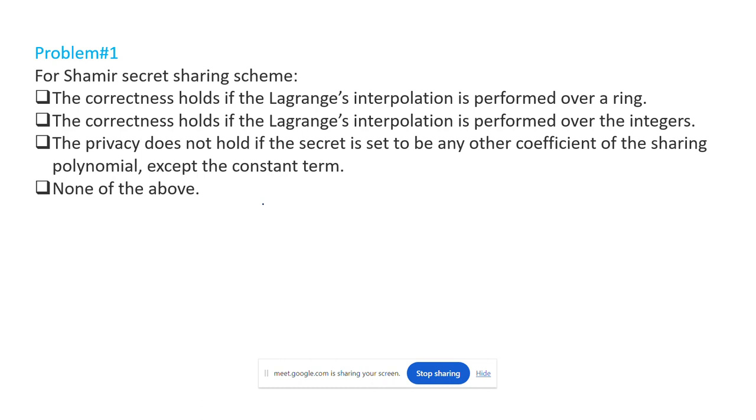In other words, you have to get the inverse element of the elements in the denominator. So in a ring, not necessarily all the elements will have an inverse.